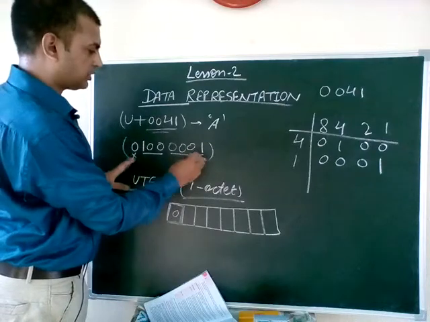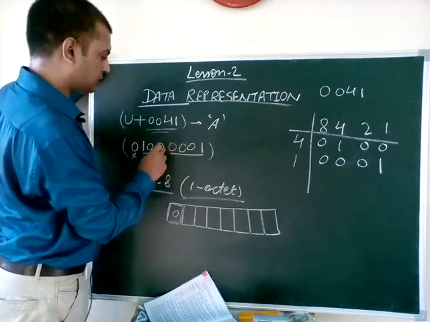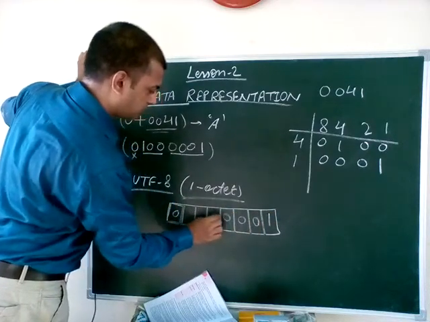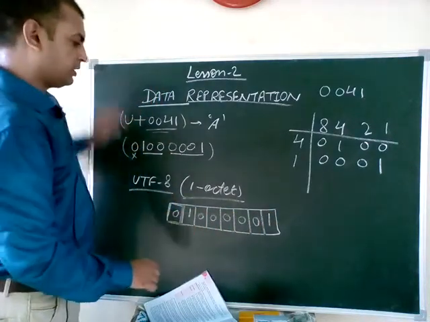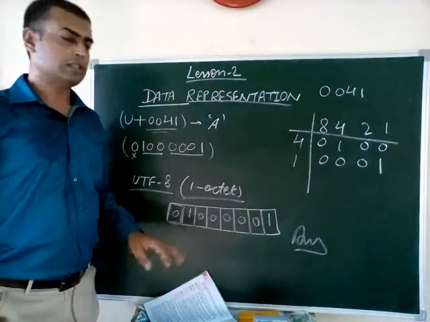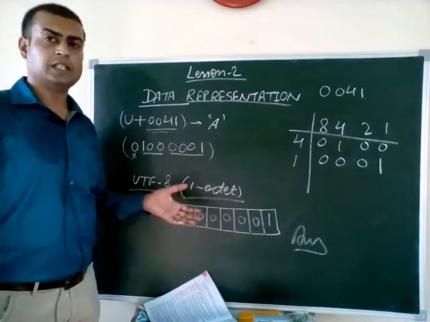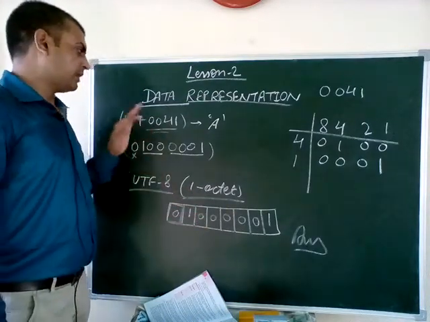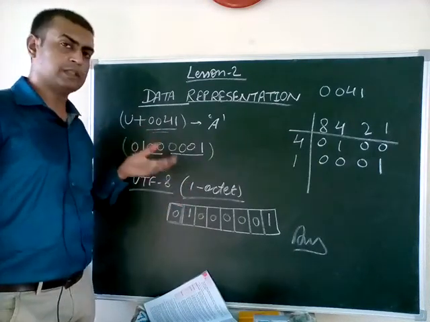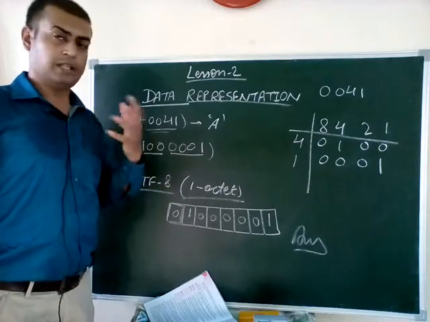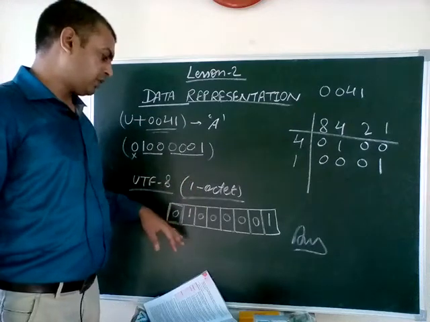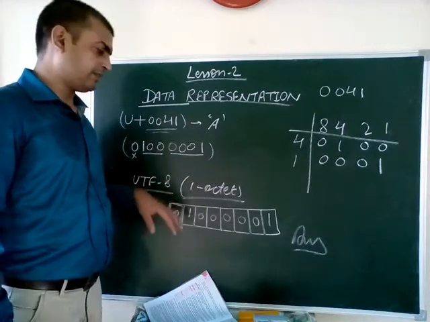Now we write this code in the remaining cells: 1 0 0 0 0 0 1. So this is the answer. This is the way we represent the hexadecimal number in octet 1. We find it by the hexadecimal conversion, and represent it in octet 1, UTF-8.